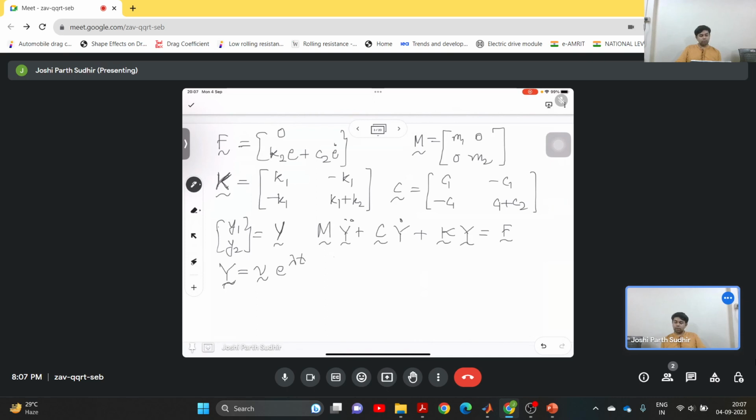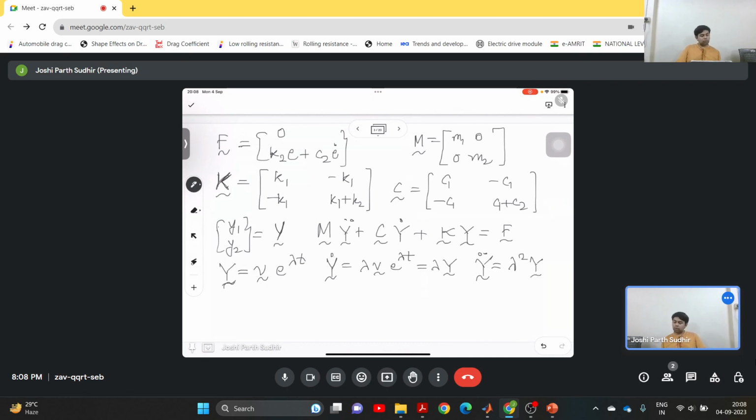So we will get y dot is lambda v e to the power lambda t, which is lambda y, and y double dot similarly is lambda square y.